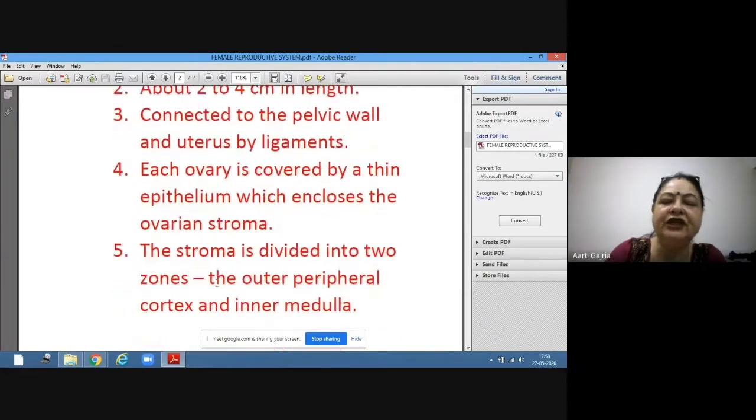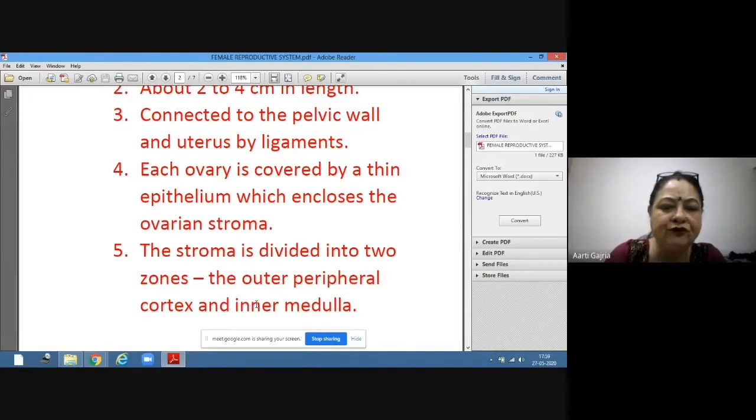Each ovary is covered by a thin epithelium, and inside this epithelium is ovarian stroma. And this ovarian stroma is divided into two zones: the outer peripheral cortex and inner medulla.